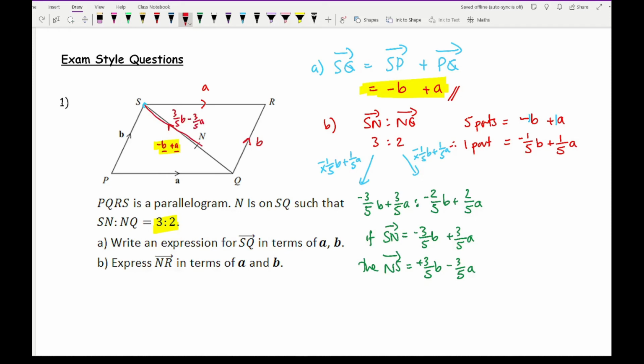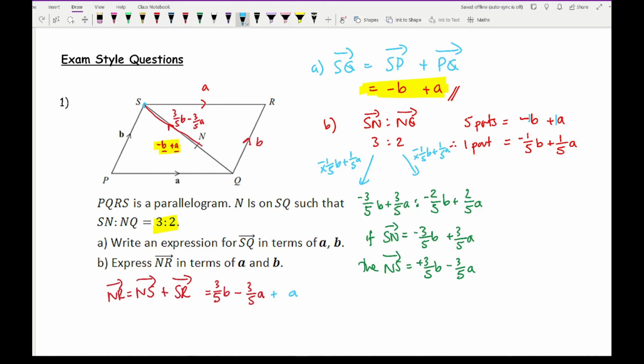So going back to my route, I'm going from N to R, so from N to S plus S to R. N to S is going to be 3/5 of B minus 3/5 of A, and then S to R is going to be plus A. Now, as you can see, I've got a mixture of whole numbers and fractions.